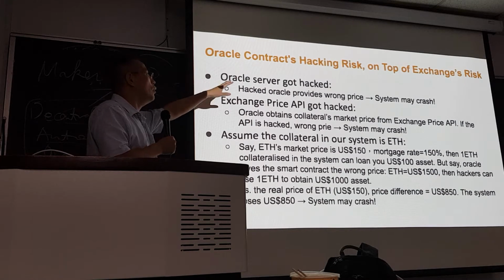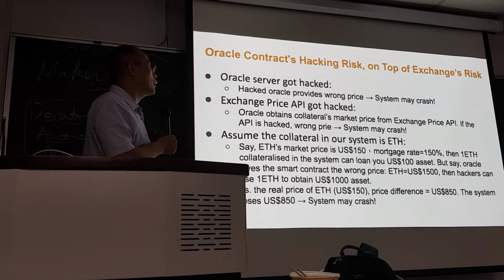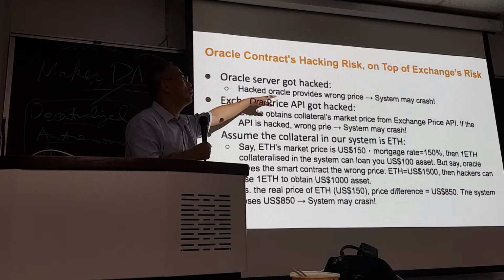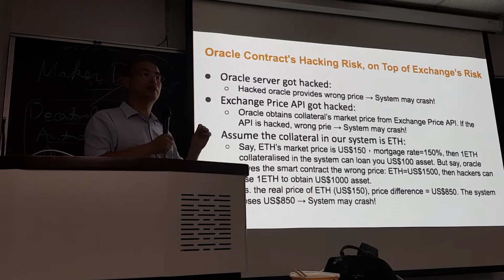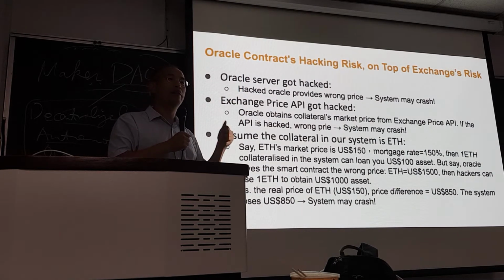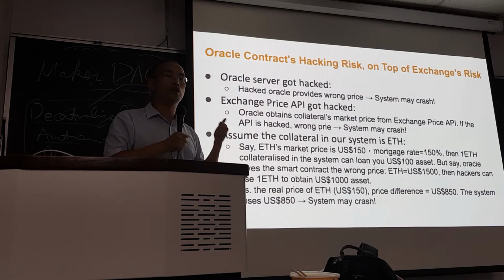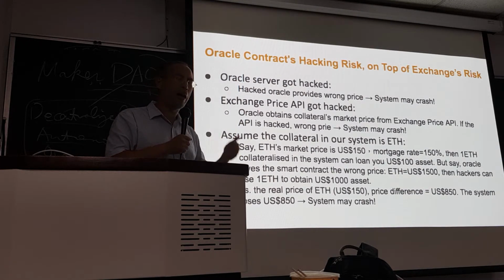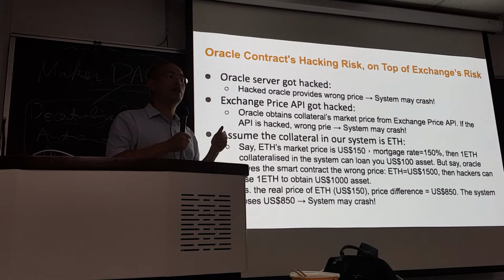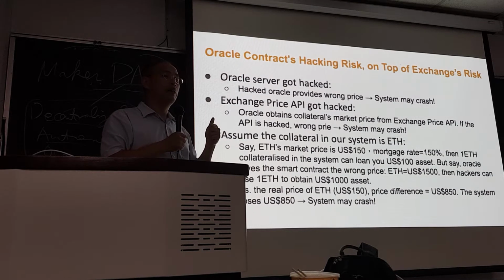Okay, so when Oracle server got hacked, then the hacked Oracle can provide wrong price. Earlier I said 1 Ether today is about $200 US, right? What if the Oracle returns now one Ether is $2 million US?